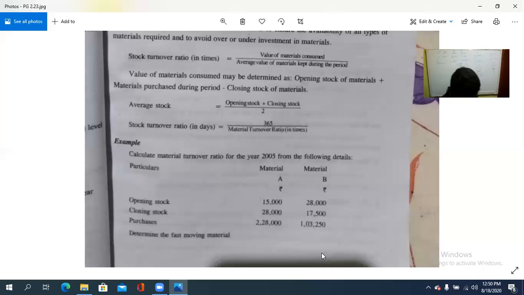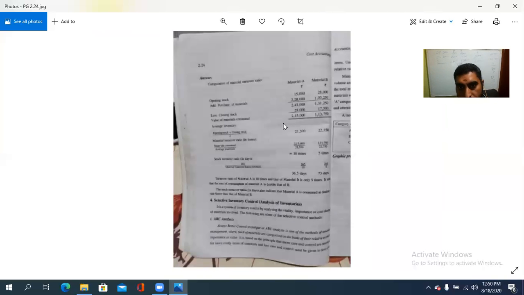So we will look into that. 365 divided by 10, it is 36.5, and 365 divided by 5, 73. So 36.5 days and 73 days.